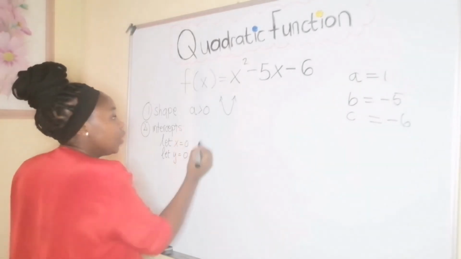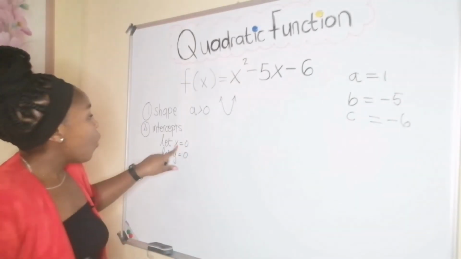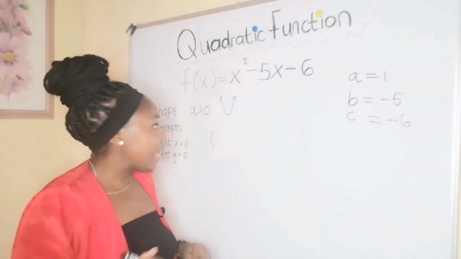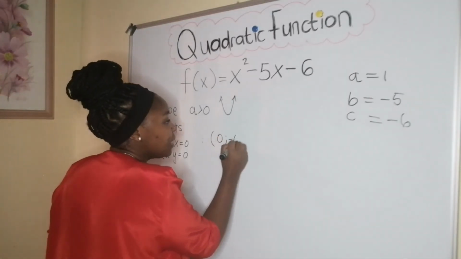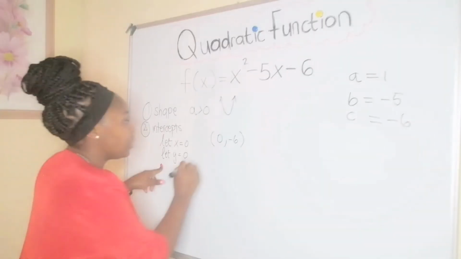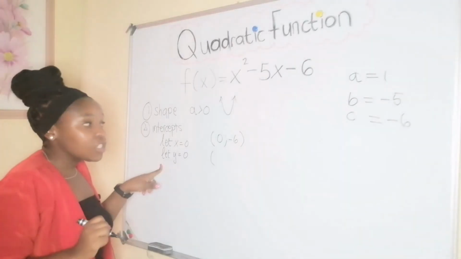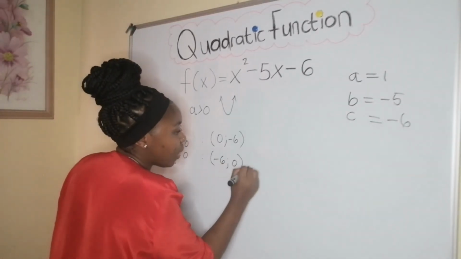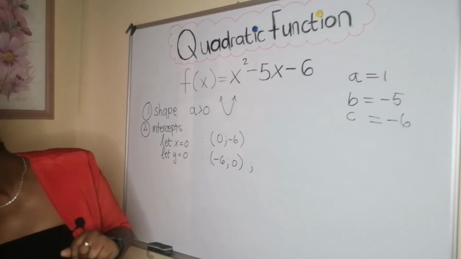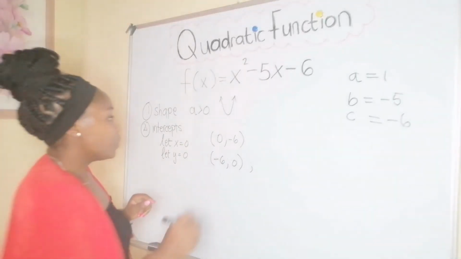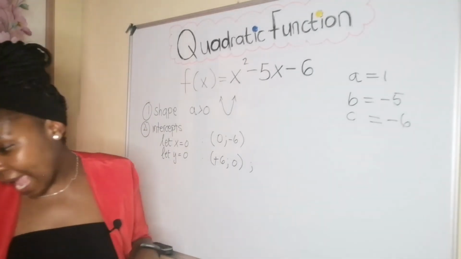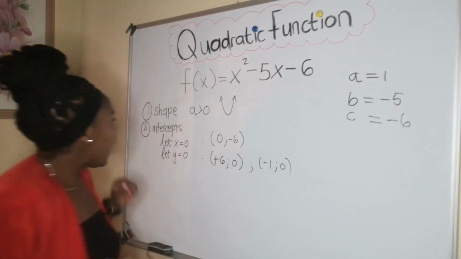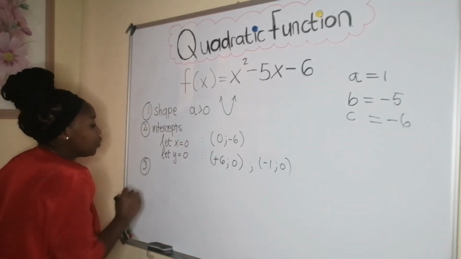When you let your x equal to 0, we found that the coordinates of our y-intercept were 0 and negative 6, and when you let your y equal to 0, the coordinates of our x-intercepts were, actually, positive 6 and 0, and negative 1 and 0, right?